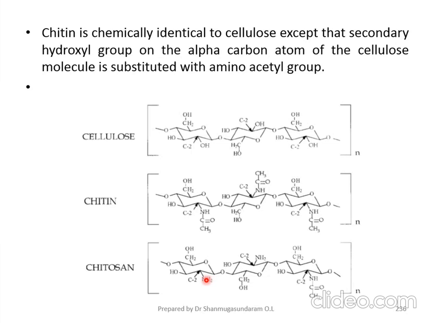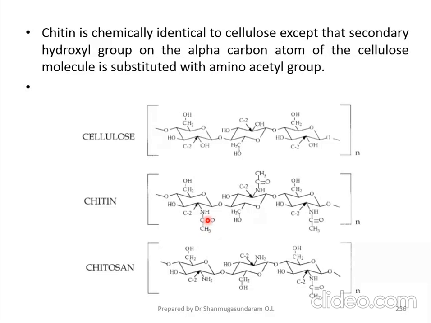Apart from the secondary hydroxyl group, all other chemical groups are identical to cellulose. Please look at the figure. It is identical, similar to your cellulose. But only the replacement is in the hydroxyl group, the secondary hydroxyl group. In the case of chitin polymer, your acetylamino group is present.